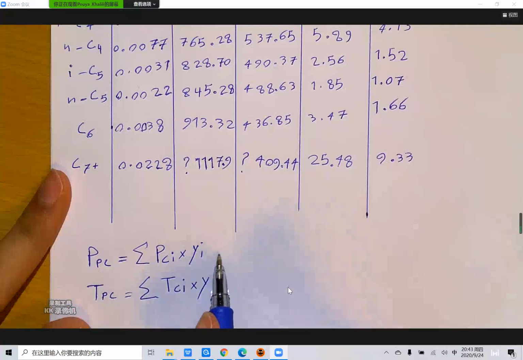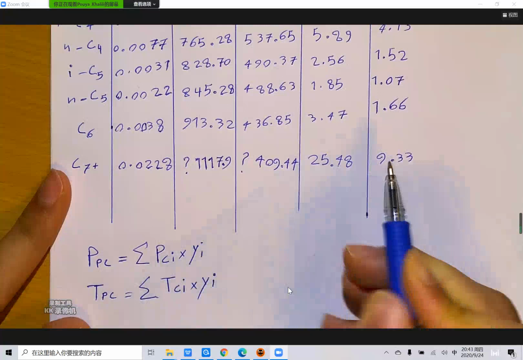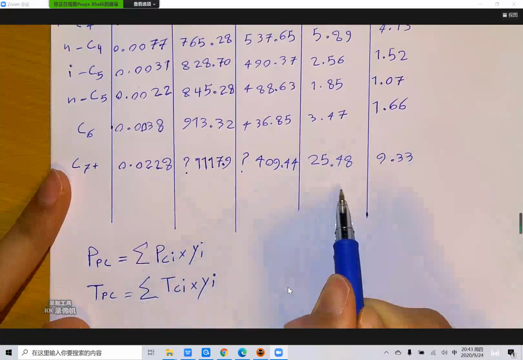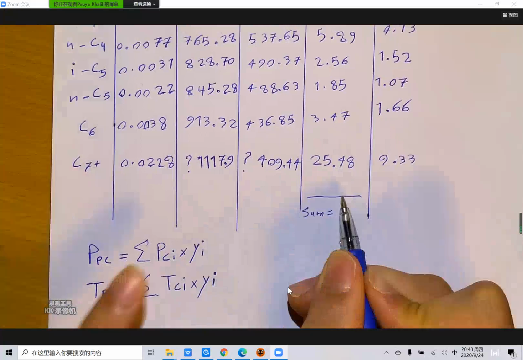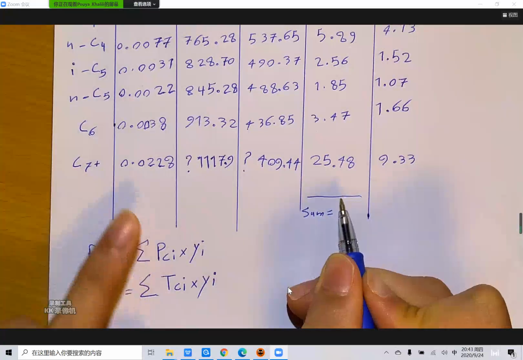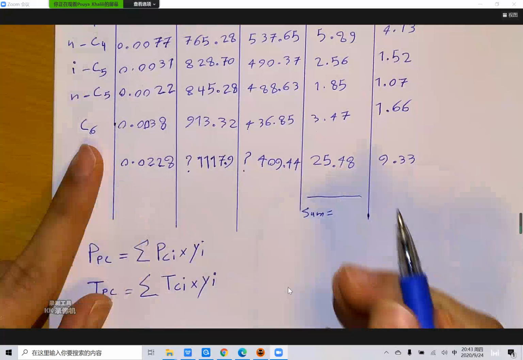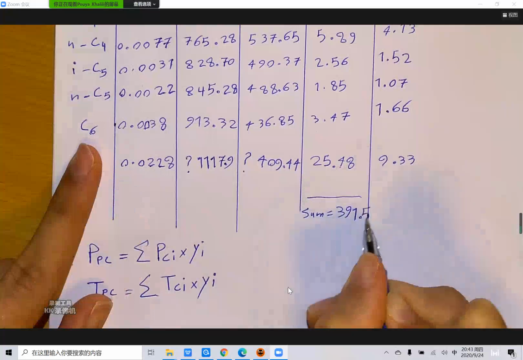You can see the sum of all of these. So we write it here.